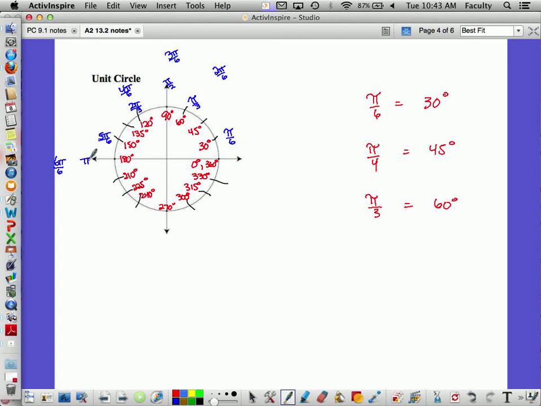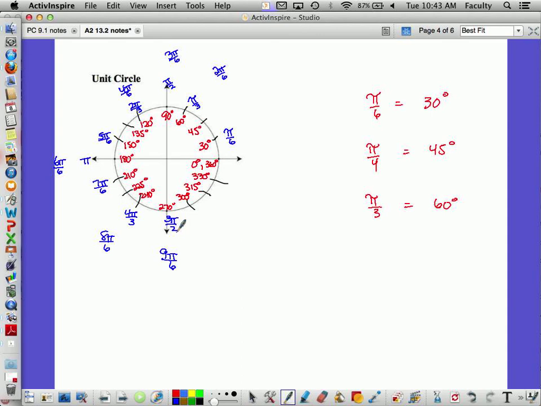That reduces to pi. I add another 30, that's 7 pi over 6. Add another 30, that's going to reduce. That's 8 pi over 6. So that's 4 pi over 3. Then I have 9 pi over 6. That reduces to 3 pi over 2.